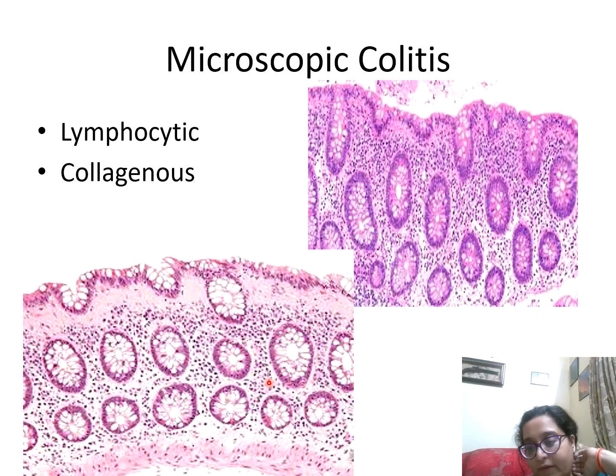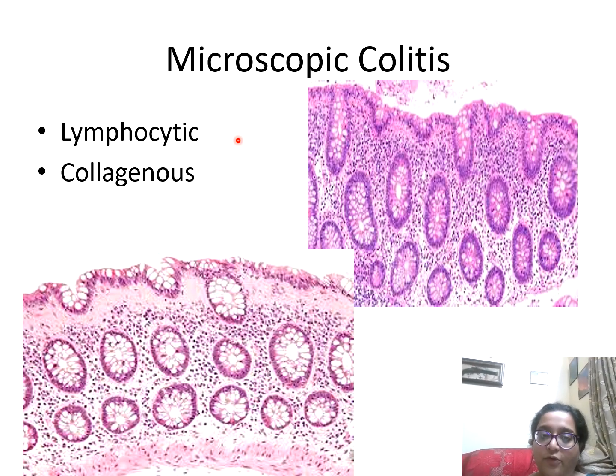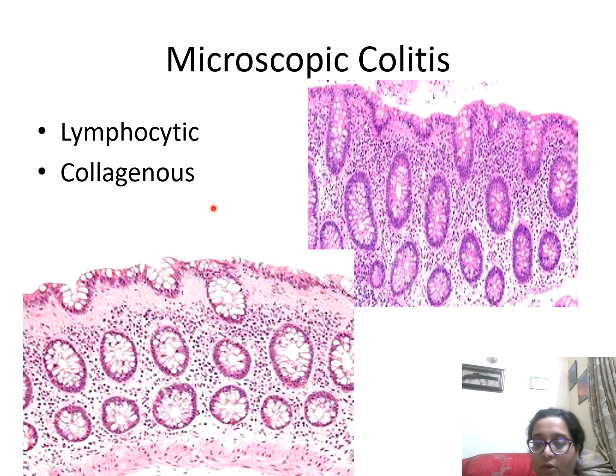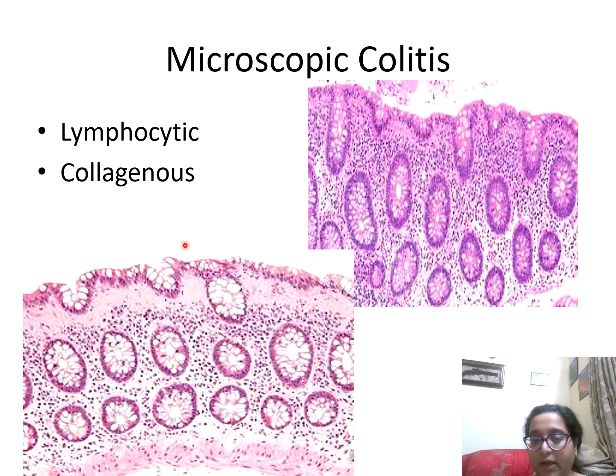Another differential to IBD-US, I would rather say not a frank IBD, is microscopic colitis. Microscopic colitis will have features similar to an IBD, but the extent of damage that you see on endoscopy will not be as much as in a frank Crohn's or ulcerative colitis. Microscopic colitis has two entities, lymphocytic and collagenous colitis.